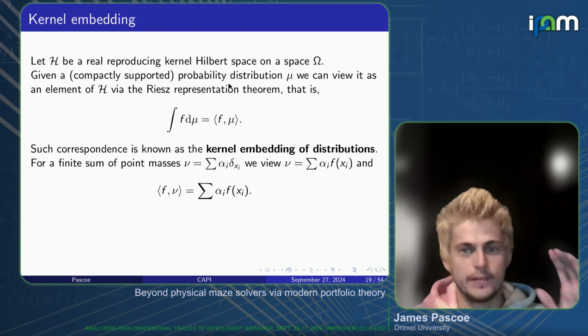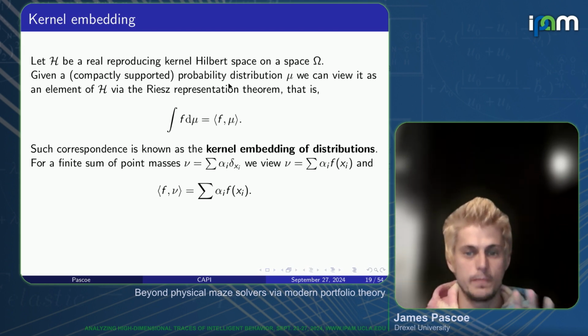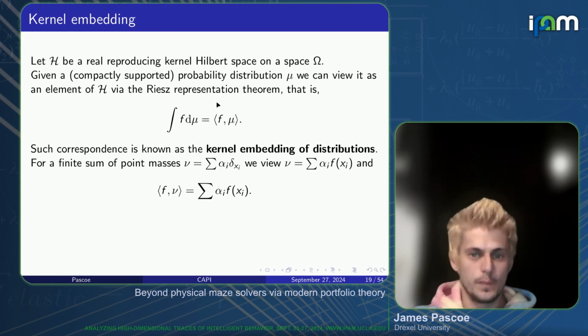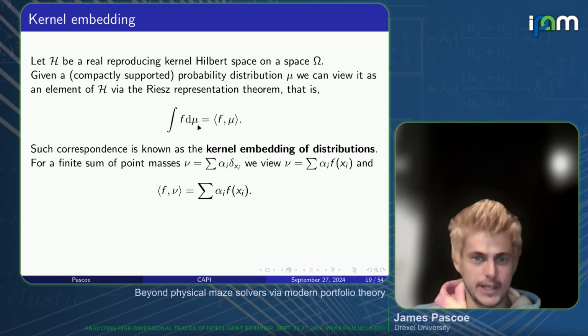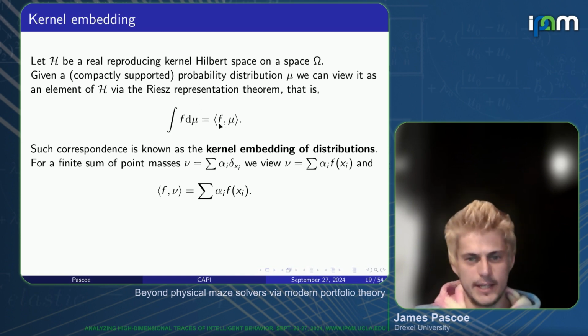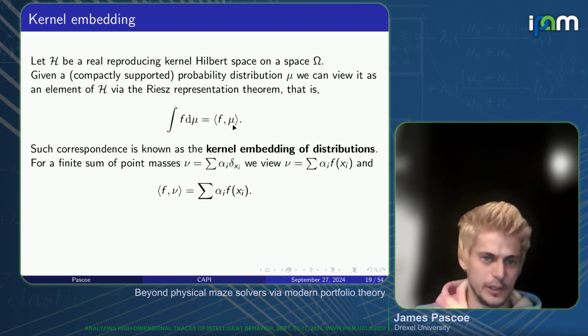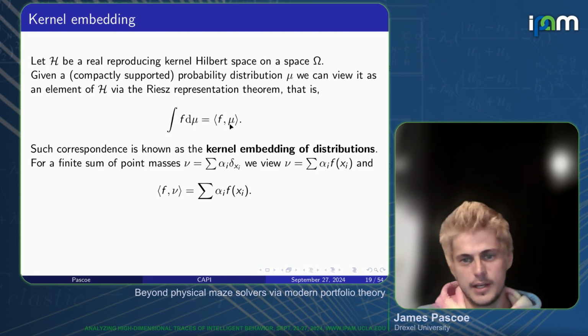And in general, if I have a probability distribution on my space omega, I can write these kinds of integrals, these expectations of functions, as f inner product with some element of the Hilbert space. So somehow I can correspond measures or probability distributions with elements of my Hilbert space.